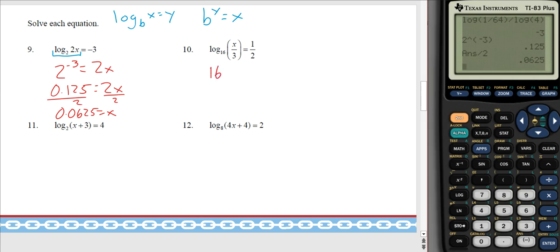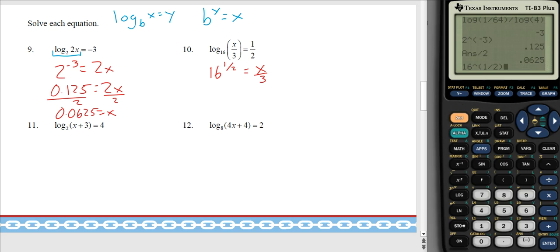So my base is 16 here, my y value is 1/2, and that is equal to x over 3. So I need to evaluate 16 to the 1/2. That's the same as the square root of 16, but I can just type in 16 caret 1/2, making sure to put the 1/2 in parentheses.